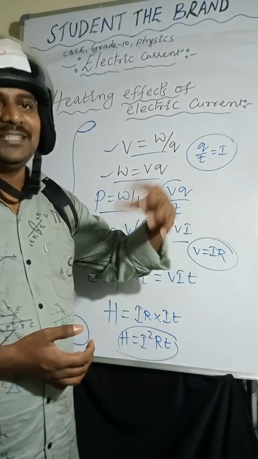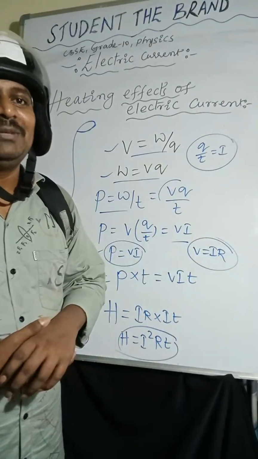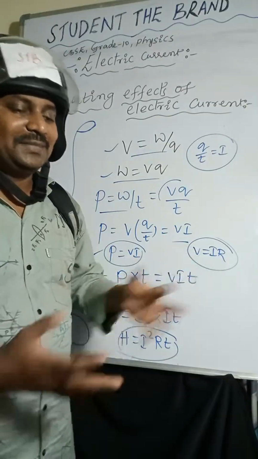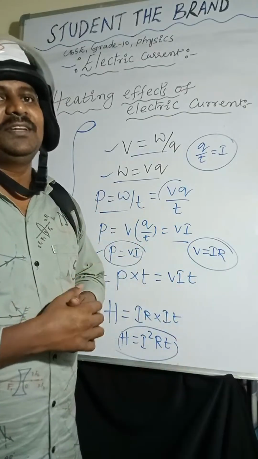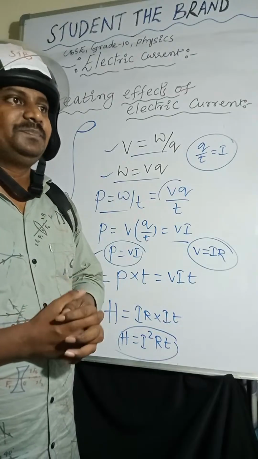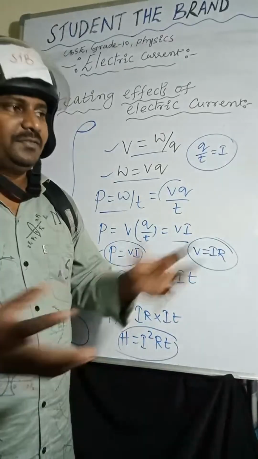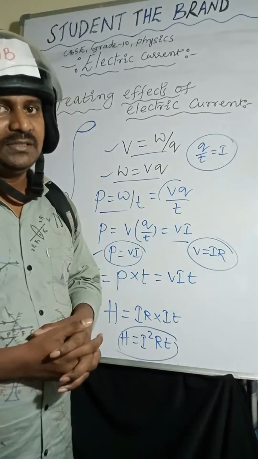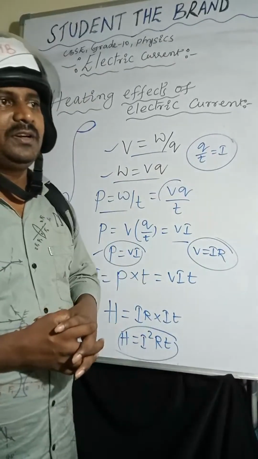Short circuit is nothing but direct contact of live wire and neutral wire, then a heavy amount of current will be drawn from the mains. So these 2 points are very important. And the potential difference in India is 220 volts and the frequency is 50 hertz. These points are very important.